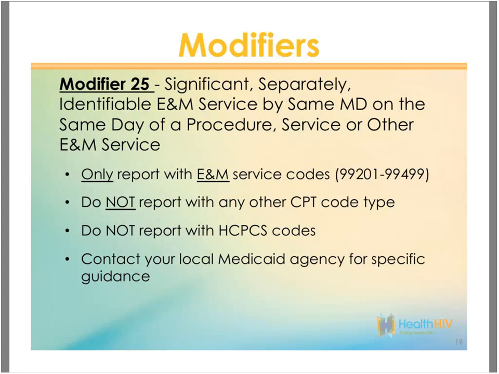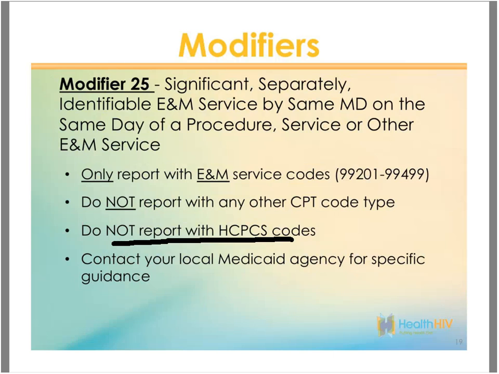So the first type of modifier is modifier 25. This modifier is typically reported on CPT codes only, but there are some HCPCS codes that modifier 25 is appended to. So even though this says do not report with HCPCS codes, the coding guidelines state that you can't report it with HCPCS codes, but there are some payers that allow you to append modifier 25, and I apologize, I didn't mean to cross that out.